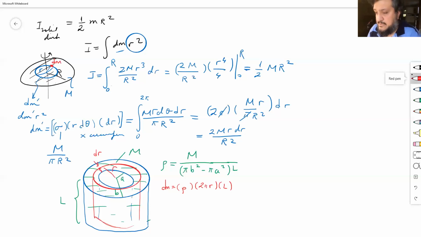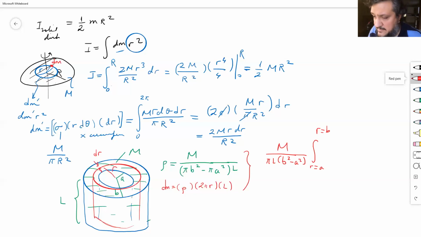All right, so that's right. M over, let's factor pi and L. So we have b squared minus a squared here. The integral will be from, not 0, I'm sorry, from a to b, from r equals a to r equals b.